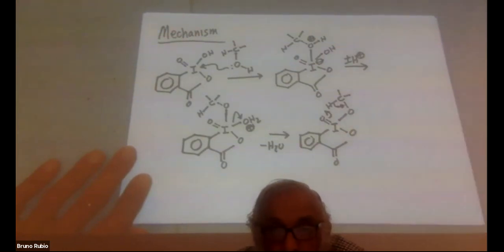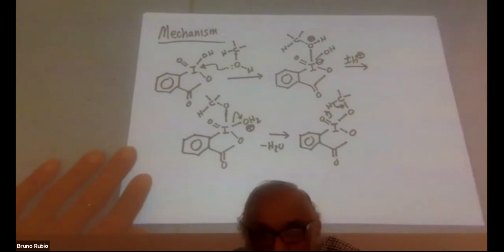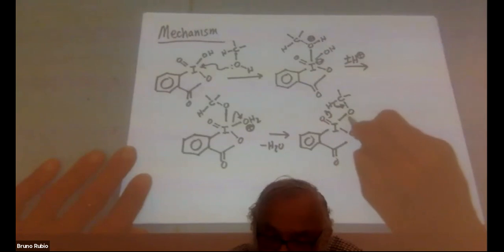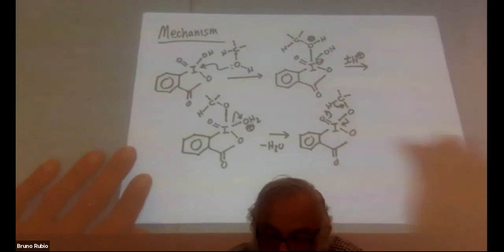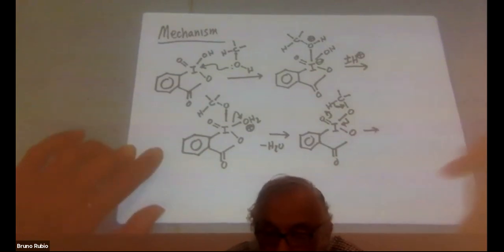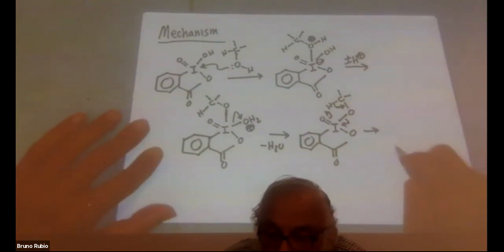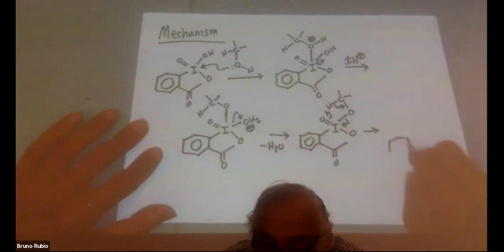So there's our new carbon-oxygen double bond. So the primary alcohol is now going to come out as an aldehyde. The secondary alcohol is now going to come out as a ketone. And these electrons here rush into this iodine. Okay, so here are our final products.